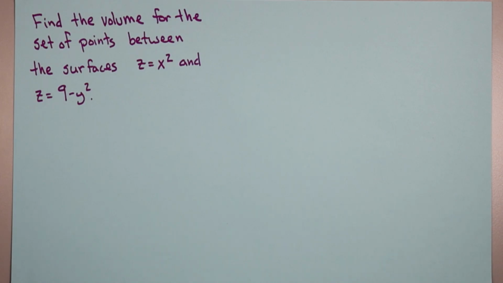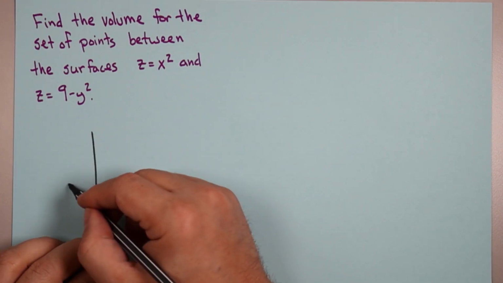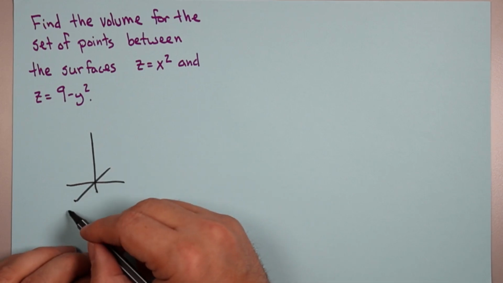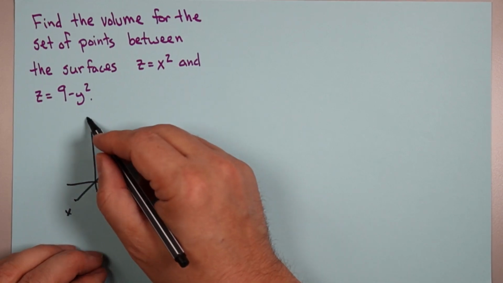Find the volume for the set of points between the surfaces z equals x squared and z equals 9 minus y squared. Okay, well, that's weird, because we look at this and say, all right, volume, I guess we can do that. We just have to integrate our height, right? So x, y, z.